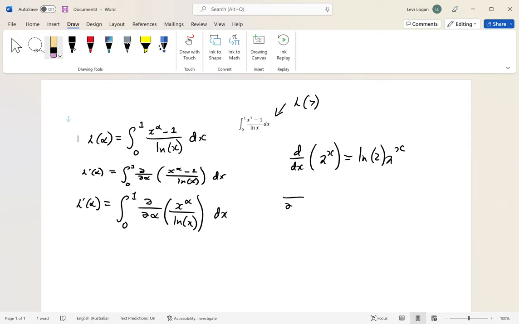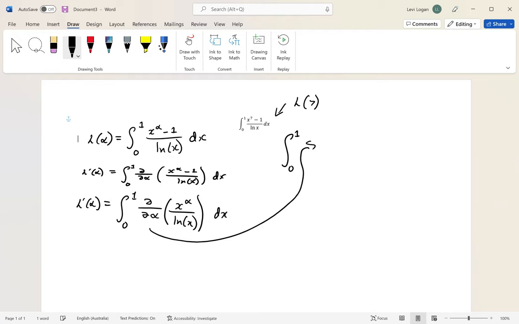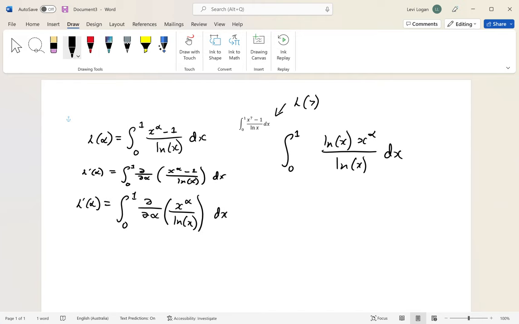Applying this inside the integral from 0 to 1, we get log of x times x to the alpha over log of x dx. We've got like things on the top and bottom, so we can cancel that out. So we're left with L dash of alpha equal to the integral from 0 to 1 of x to the alpha dx. That looks a lot nicer, but we still have this parameter involved.